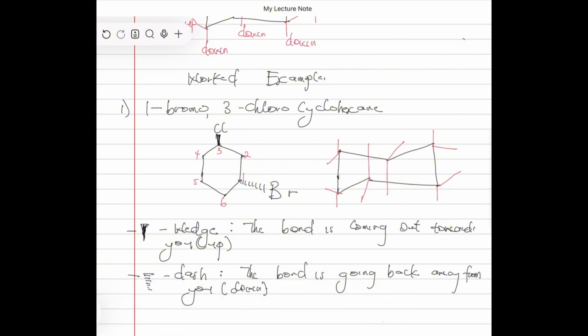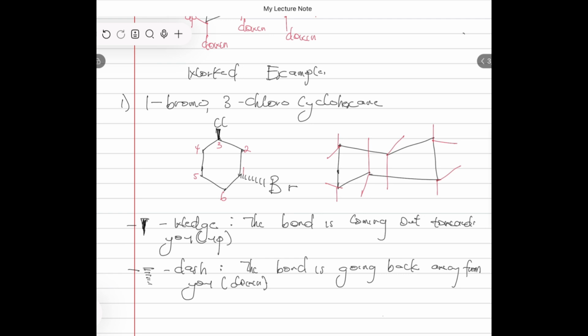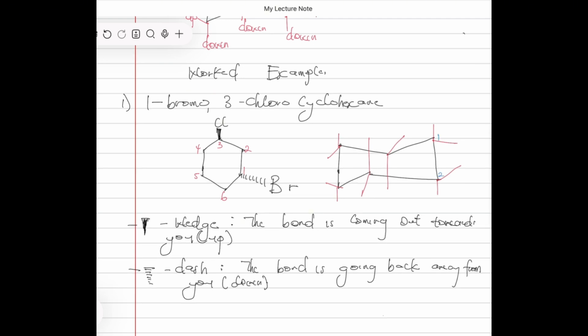If I start from this position, I can number here as 1, here as 2, here as 3, here as 4, here as 5, and this position is 6. Where you start numbering doesn't actually matter. You can start numbering from anywhere. What matters most is the position where you place the bromine and the chlorine substituents.